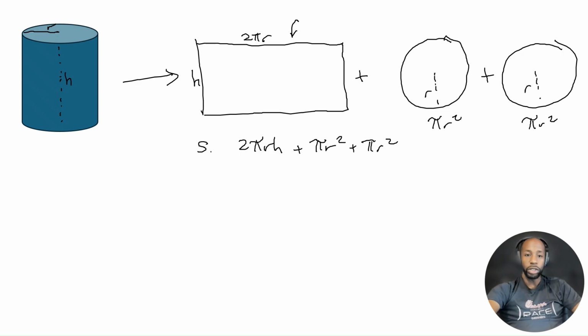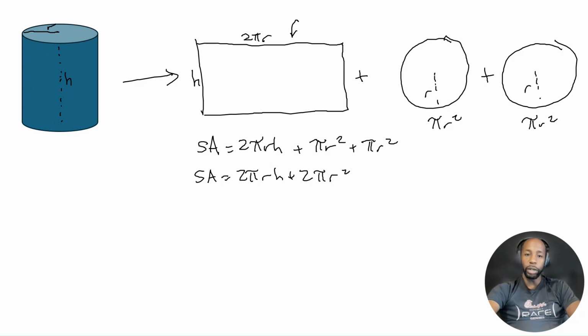So surface area of a cylinder is the area of this rectangle, which is 2 pi r h, plus the area of this circle, which is pi r squared, plus the area of this circle, which is pi r squared. So if we want to clean that up, we can say the surface area equals 2 pi r h plus 2 pi r squared.